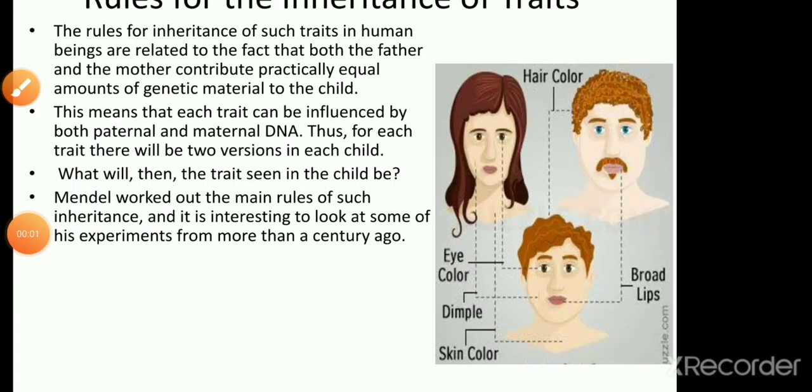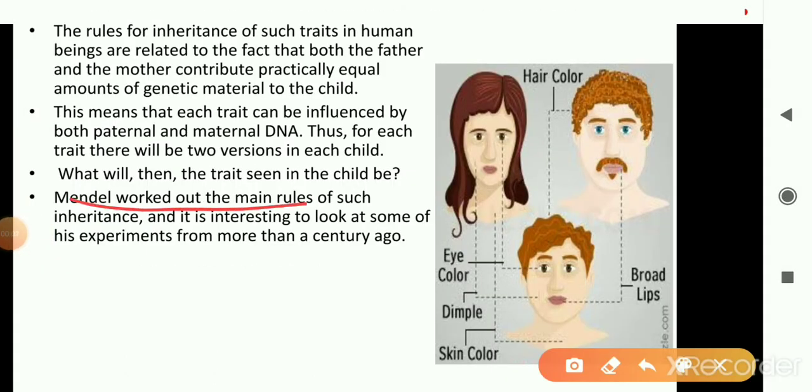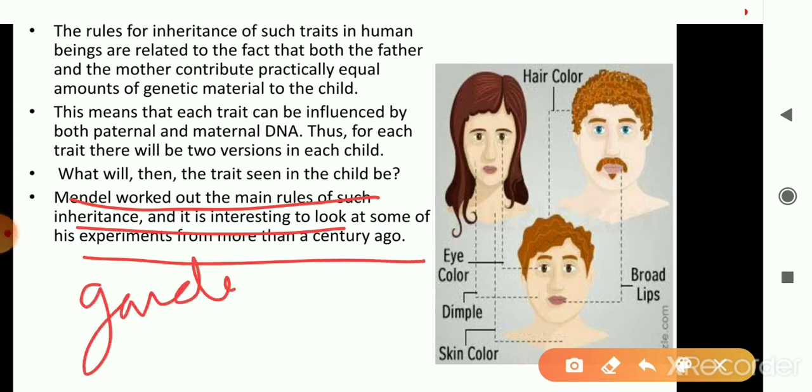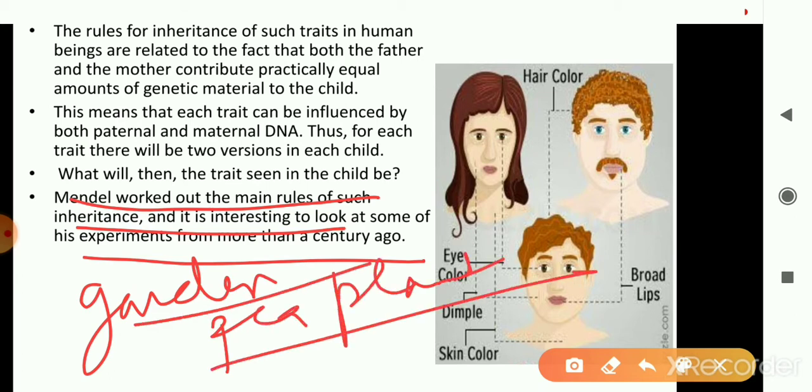Mendel worked out the rules of inheritance, and for his experiment he made use of the garden pea plant. He was the first person to study how the traits or characters or variations are passed from one generation to the other.